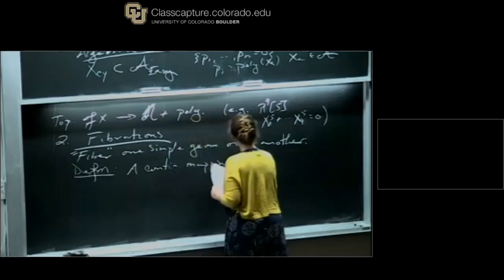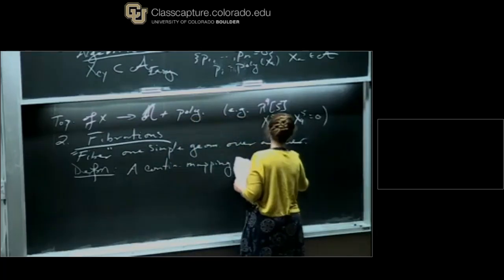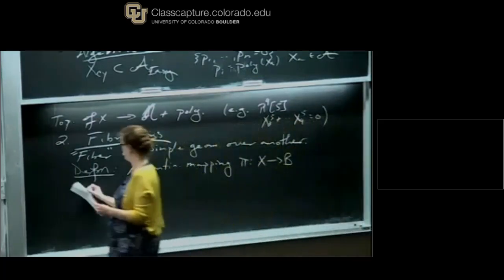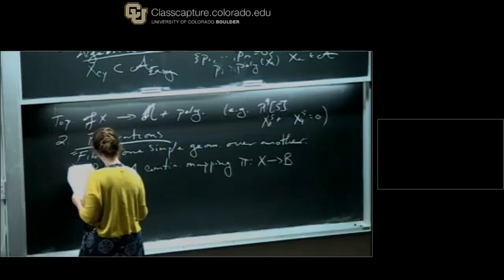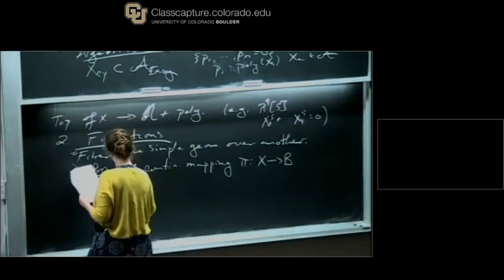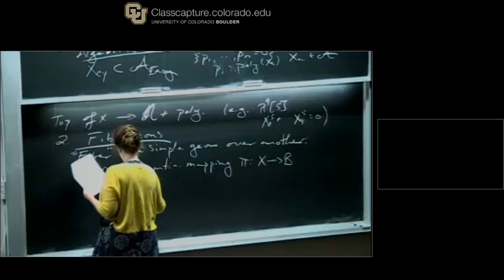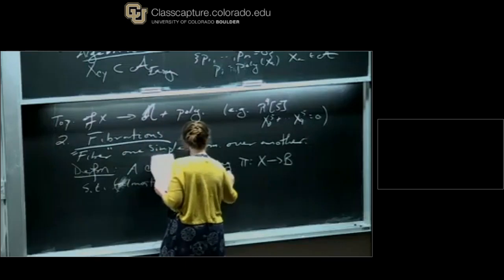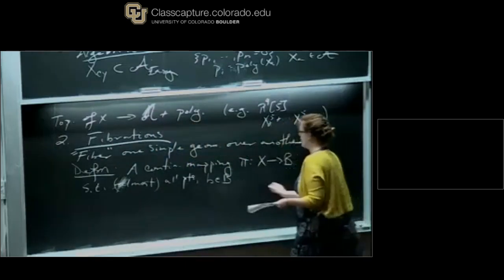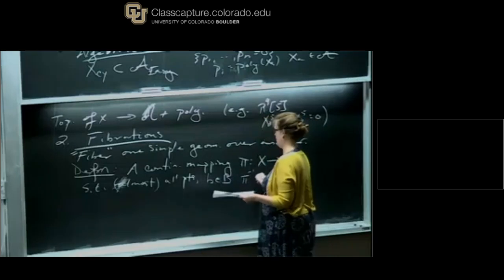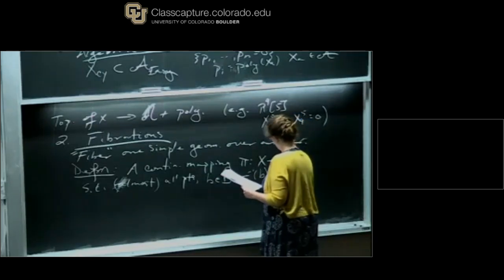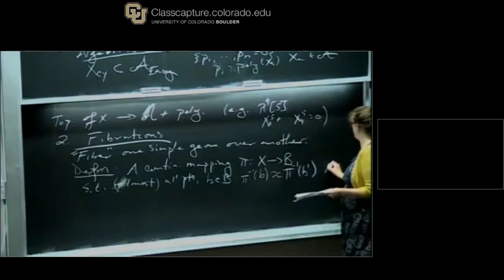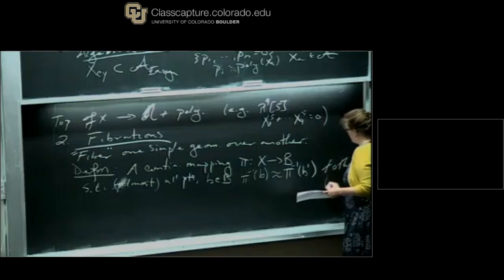Let's define this map by the function pi, which takes me from space X to another space, let's call it B, such that for almost all points b inside this target space B, the inverse image of b is homeomorphic to the inverse image of b prime for all other b prime in B.